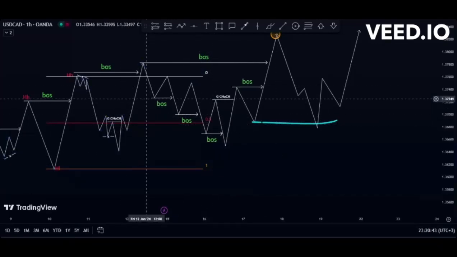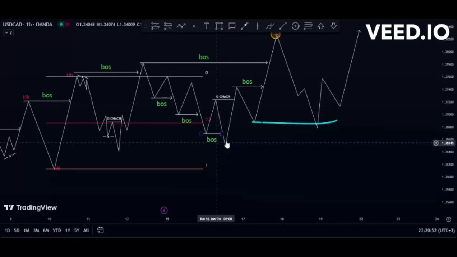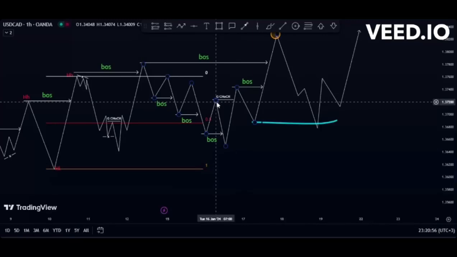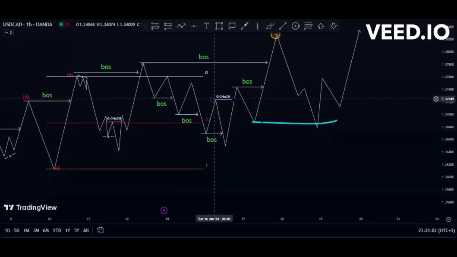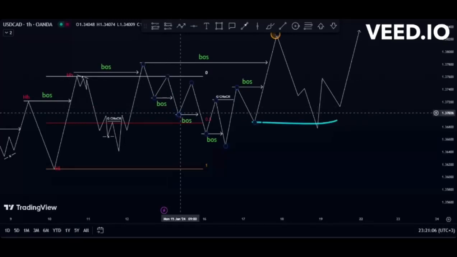So for you to be able to know that this internal structure has come to an end, we need to have a change of character, whereby we break the previous lower high, then we start forming a bullish structure. In this case, this was our lower low, lower high, lower low, lower high.